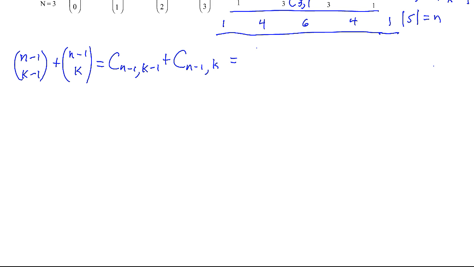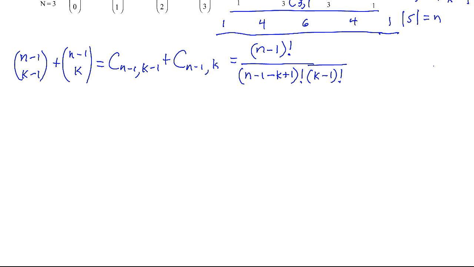And we have the (n-1) factorial in the numerator. Now I have (n-1) minus (k-1). And if I distribute that minus sign, I get minus k plus 1. And that thing is factorial. And I also have (k-1) factorial. Okay.